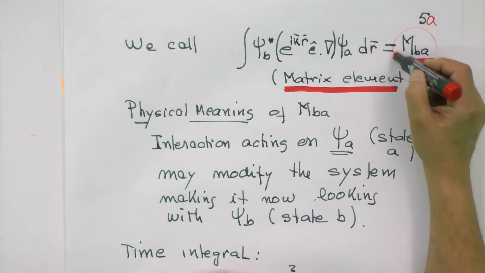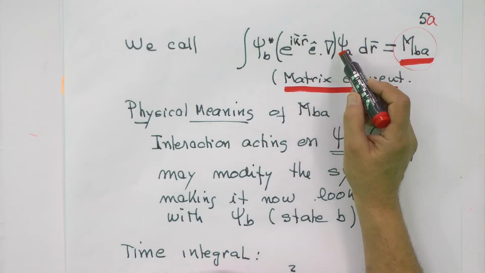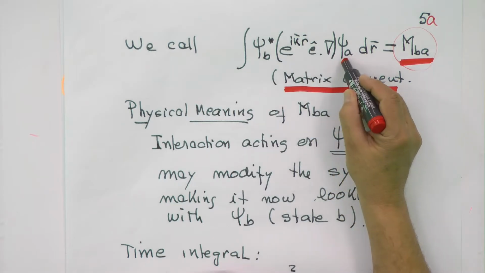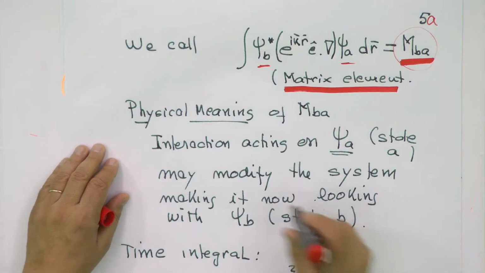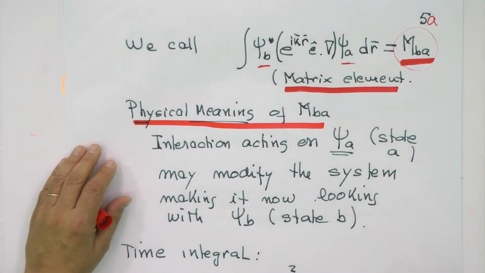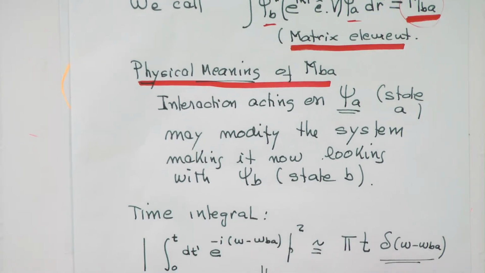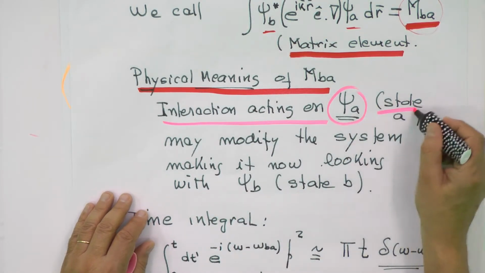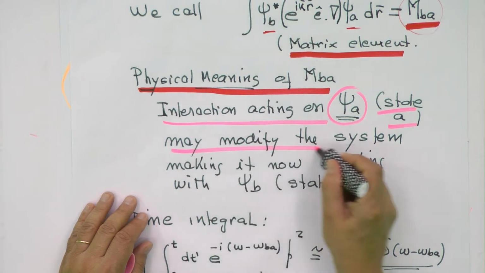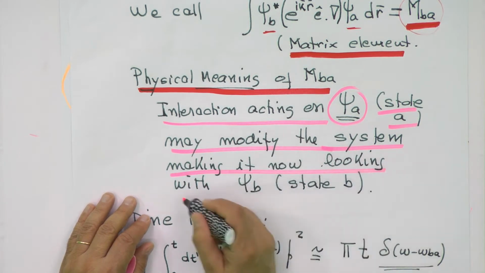The value of this will tell us how strong is the coupling that the radiation causes between the state A and the state B. So the physical meaning of this matrix element, the way we said, is that the interaction acting on the state A, the original state, may modify it, right? And make it look like the state B.